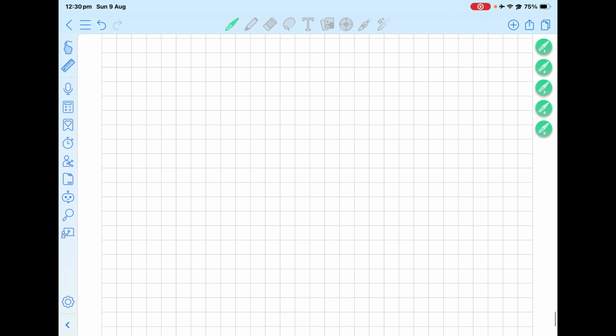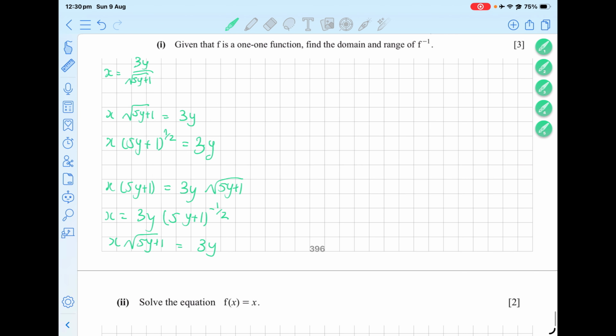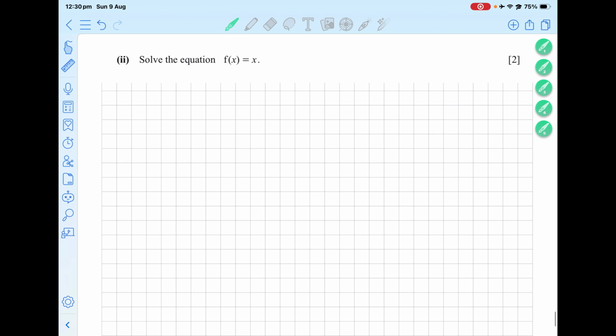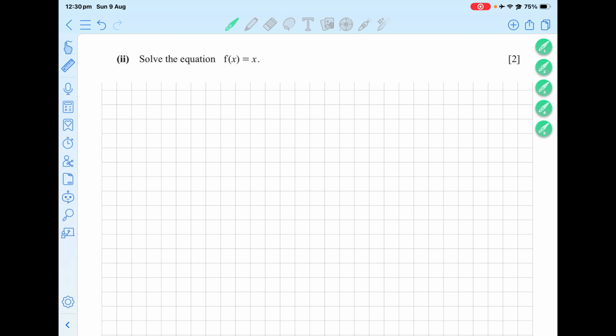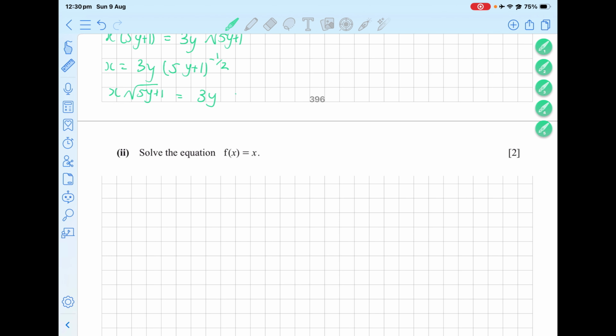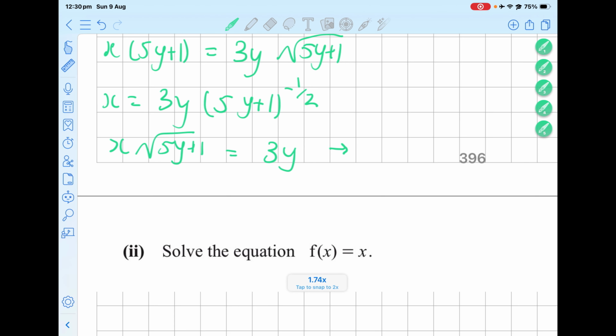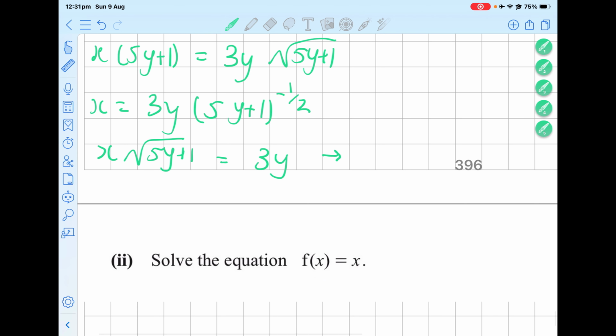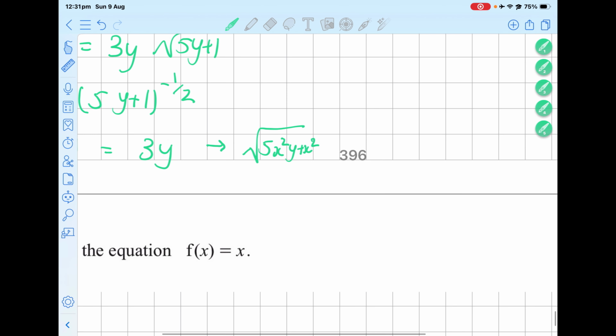Okay, so to find the f inverse of x, it is going to be the y, and have all the y's on one side. So this will be 5x squared y plus x squared equals 3y.